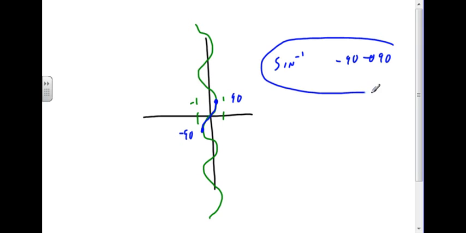And so in my calculator, I'm going to get a +90, -90 answer. I'm never going to get 210 degrees out of my arc sine function, because then it would not be a function.